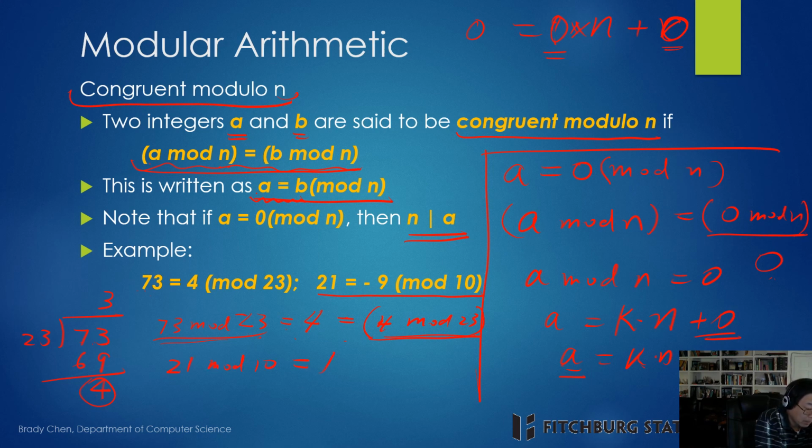It's 1. Minus 9 mod 10, we can easily figure out that's 1 as well. So 21 mod 10 equals minus 9 mod 10. So that means 21 and minus 9 are congruent modulo 10. Don't forget the mod 10.